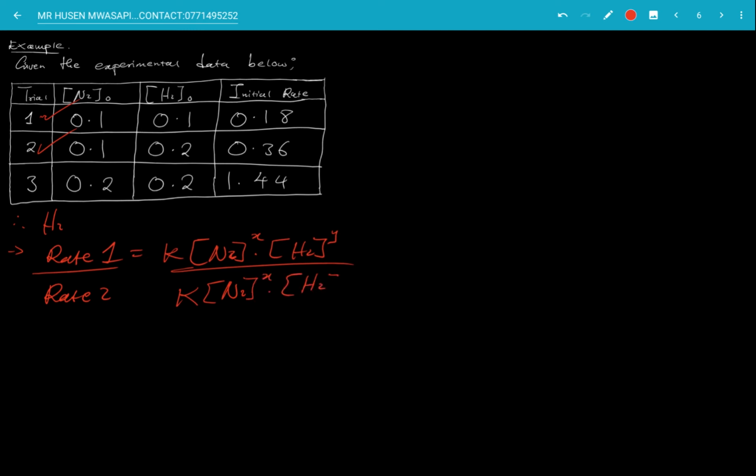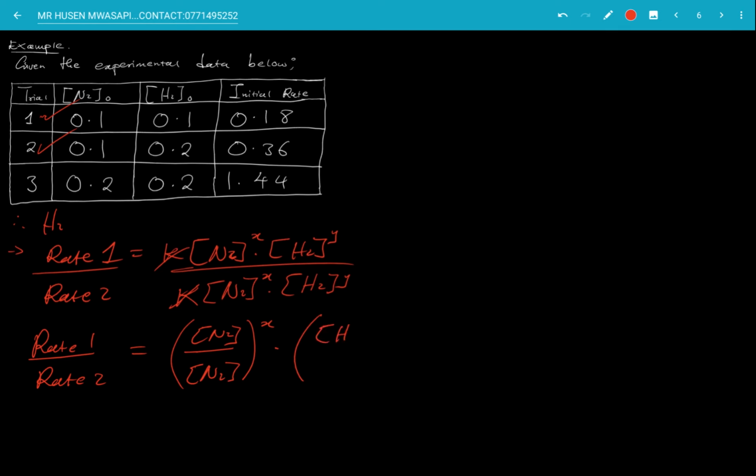H2 Y. So this cancels out, and you have rate 1 over what? Rate 2. And this is equal to the concentration of nitrogen from rate 1 divided by the concentration of nitrogen from rate 2 raised to the order of X, times the concentration of hydrogen from rate 1 over the concentration of hydrogen from rate 2 raised to Y.